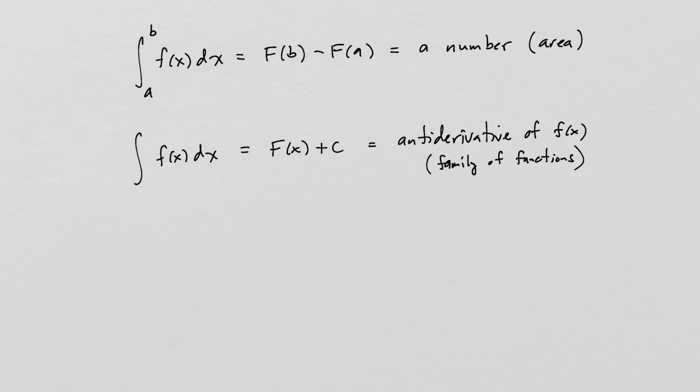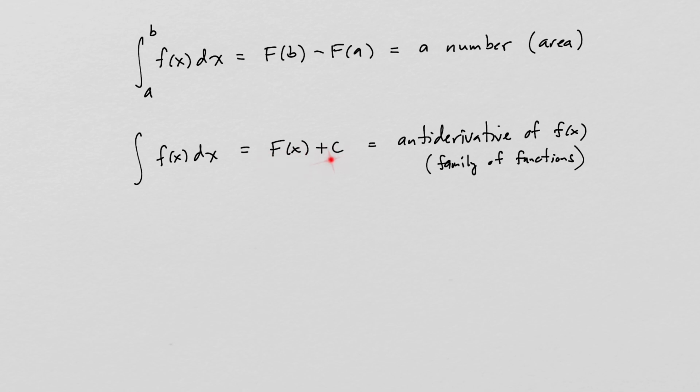When you take a definite integral of the function f of x from a to b, you get the antiderivative evaluated at b minus the antiderivative evaluated at a. The key is this is a number, and it represents the area under the curve. When you have an indefinite integral of the same function, you now just get the antiderivative.